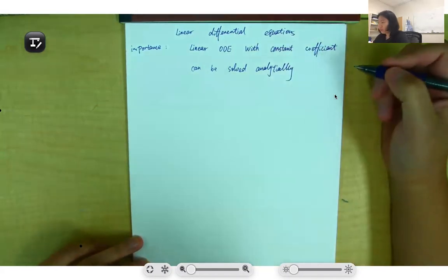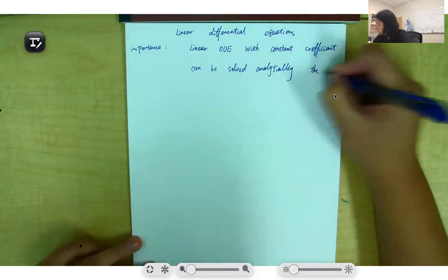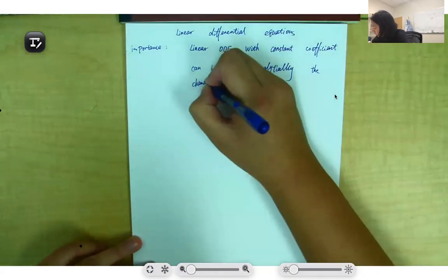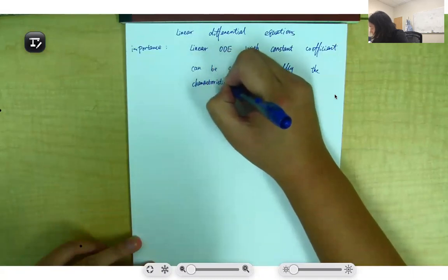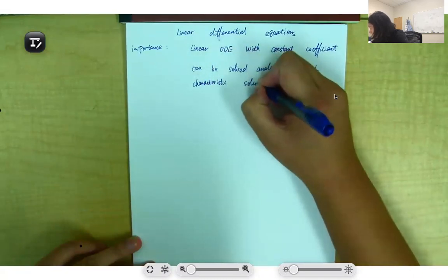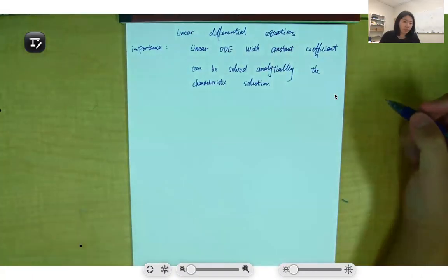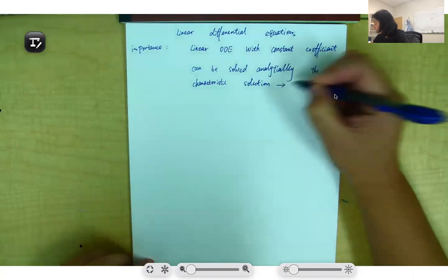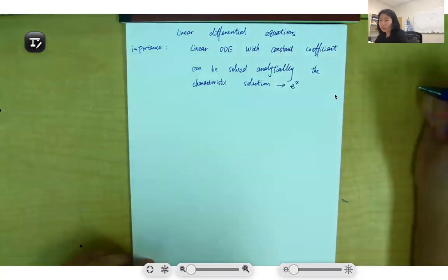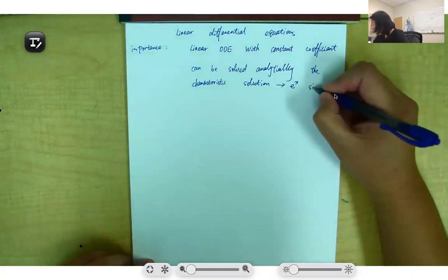And the characteristic solution. So in general, if you have a higher order linear differential equation, it can be solved analytically, and usually the solution will have the exponential term, or the power term, or the sine cosine term.